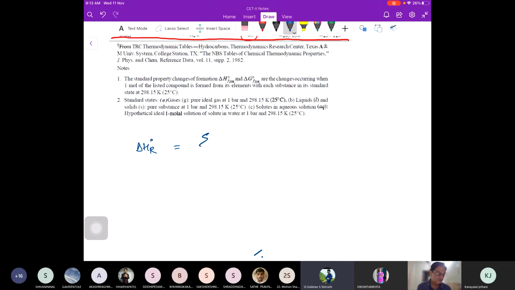Yes, summation of nu i times heat of formation of product plus, nu i if taken, then we take plus because nu i has positive and negative values. Okay. So we can take this for the product.